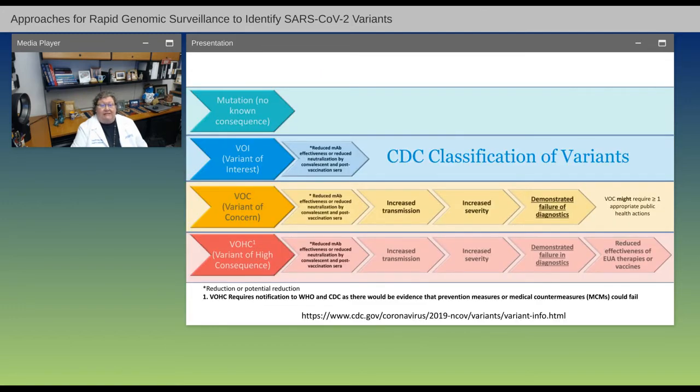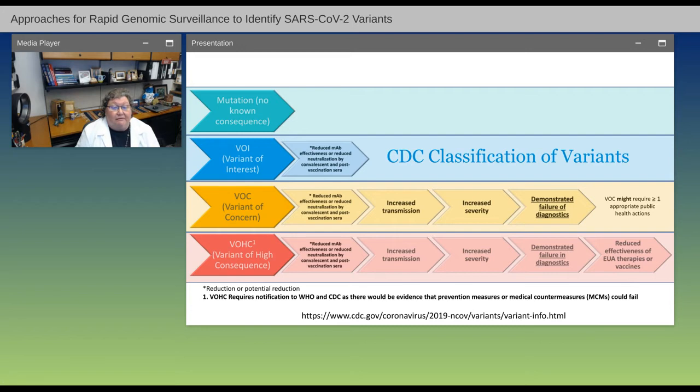CDC classifies the variants and the mutations into 3 major categories. We've talked about all the mutations, thousands of them that have no known consequence, and we won't belabor that any further. But there is a variant of interest, a variant of concern, and a variant of high consequence.